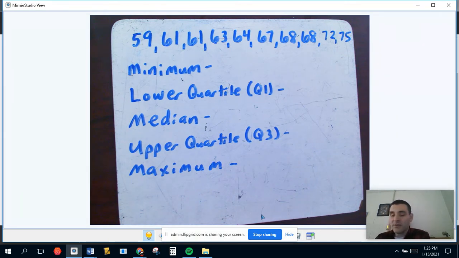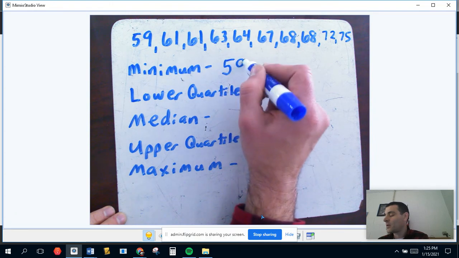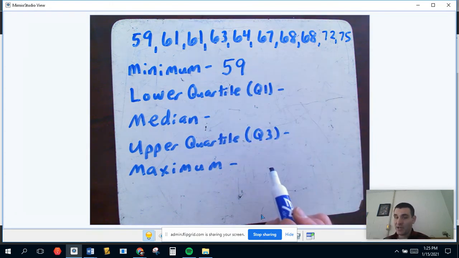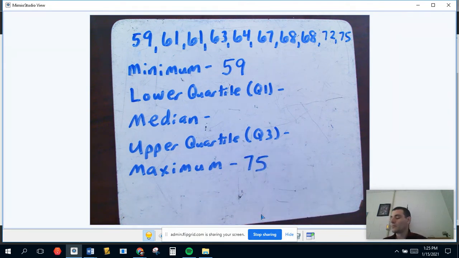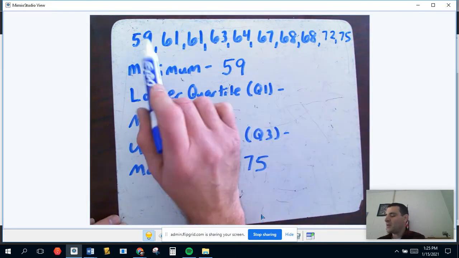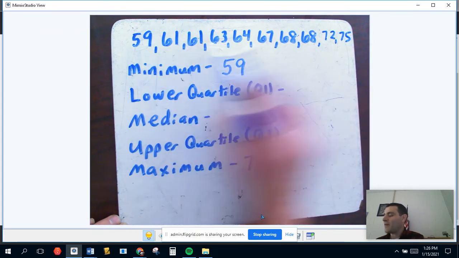The minimum here is the shortest person. It's going to be 59. The maximum is going to be the tallest person, that's 75. Let's look at the median, which we've discussed before. There's an even amount of data, 1 through 10, so I know I have 5 on each side.